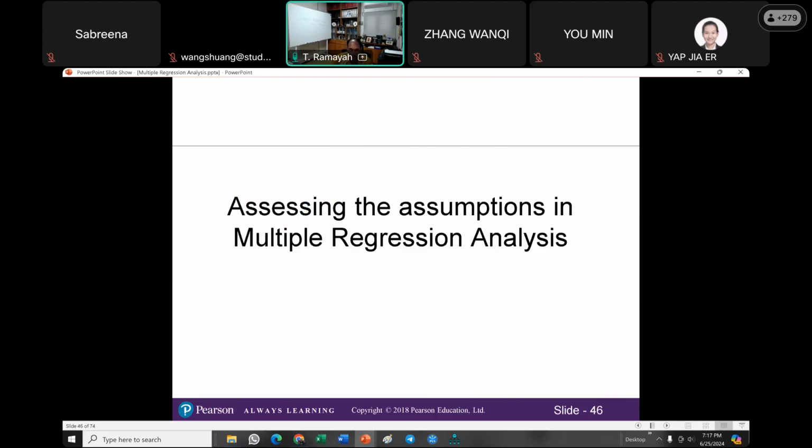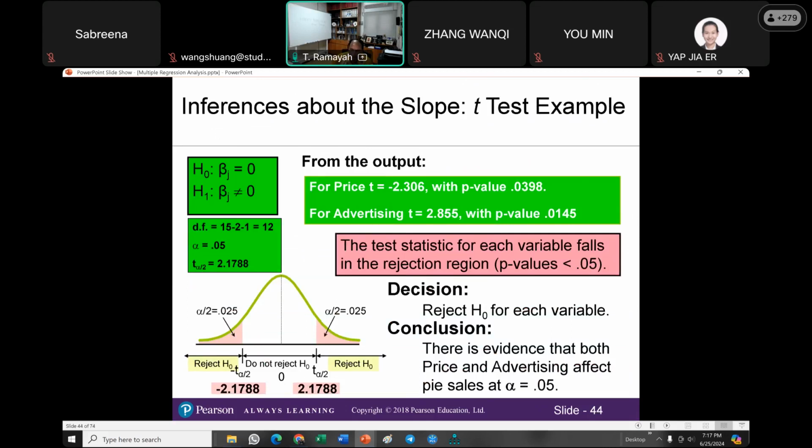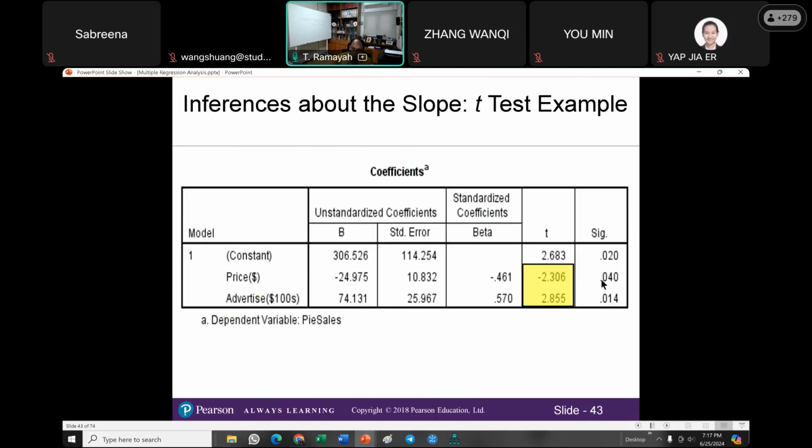But we can also look at the significance of the p value. Before we interpret the result, in most SPSS software, these p values are actually calculated based on a two-tail hypothesis.